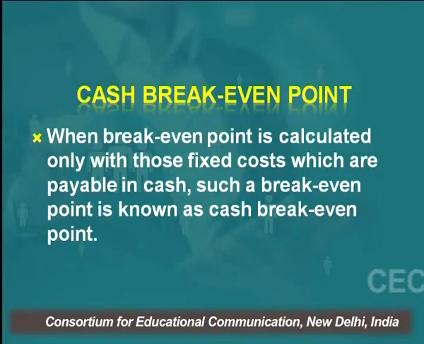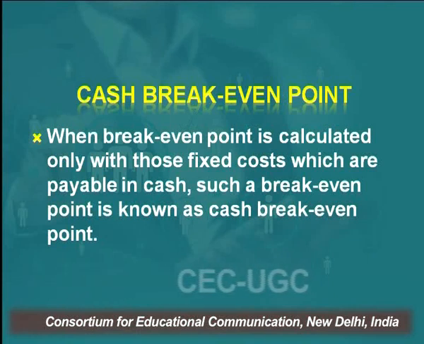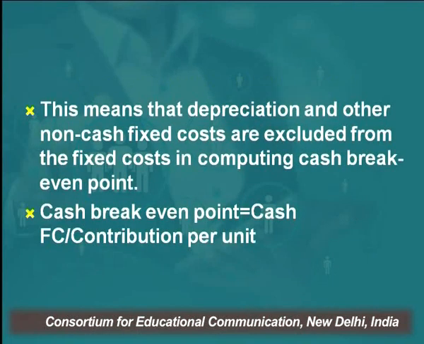And there is another concept which let me discuss very briefly: the cash break-even point. When break-even point is calculated only with those fixed costs which are payable in cash, such a break-even point is known as cash break-even point. This means that depreciation and other non-cash fixed costs are excluded from fixed cost in computing cash break-even point.